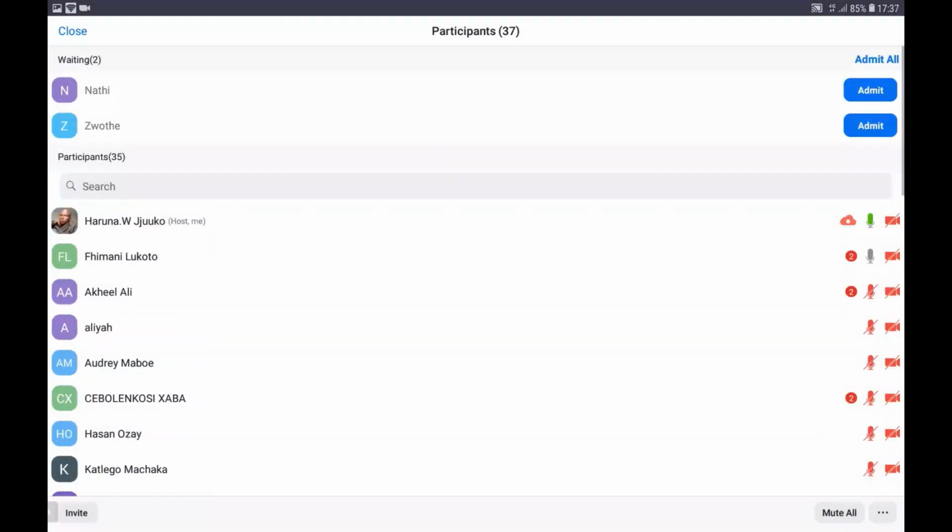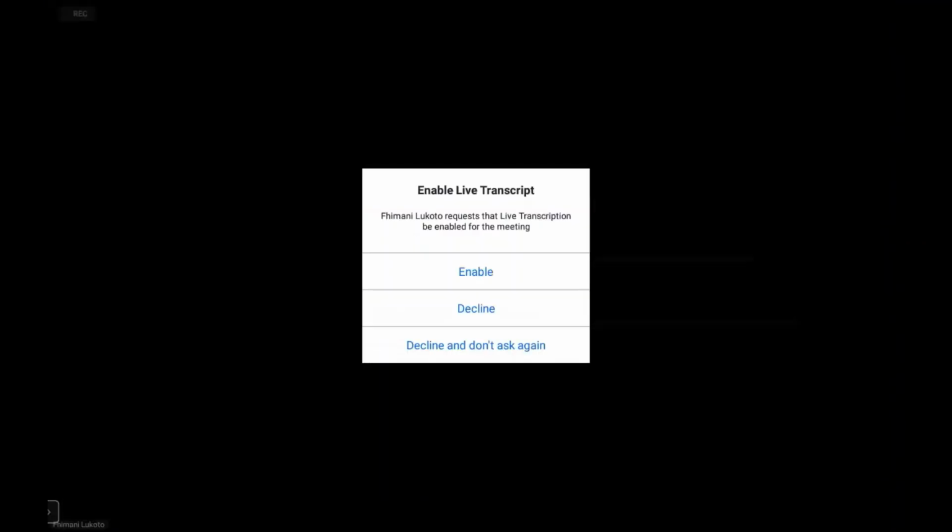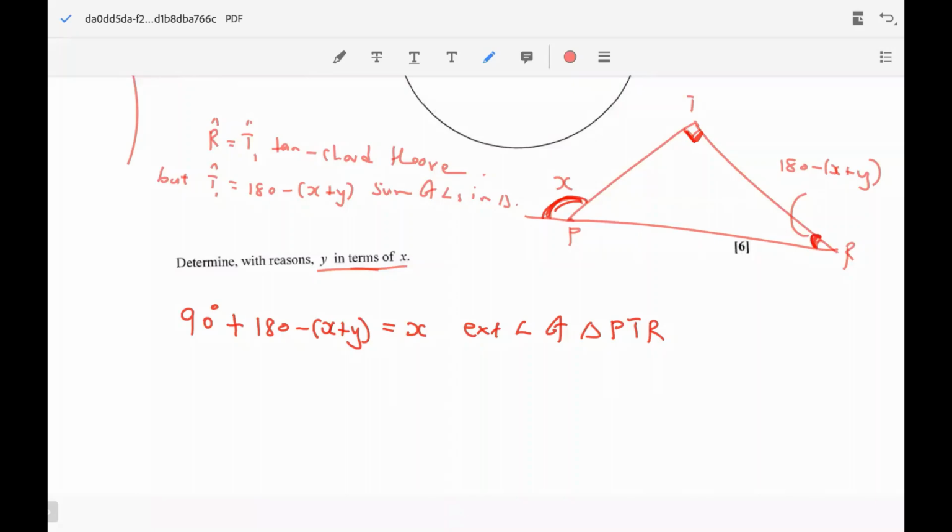So therefore, we shall have to apply algebra in that particular case. This is what we have. I know some candidates are struggling with algebra, so I'll go through step by step. When you open the brackets there, 90 plus 180 is 270 degrees.